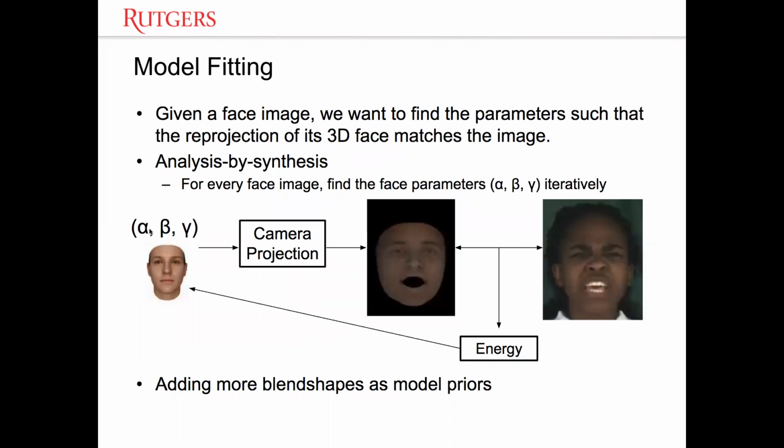So these alpha, beta, gamma are usually needed because we have too many energy terms to optimize. Very easily, this optimization will fail because of overfitting.